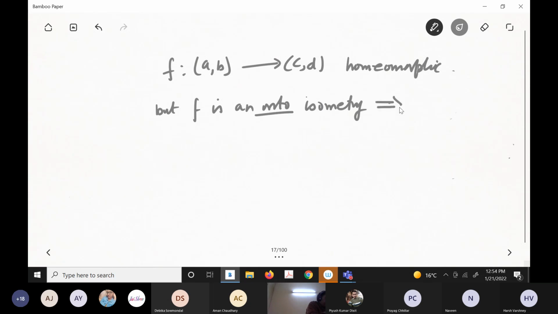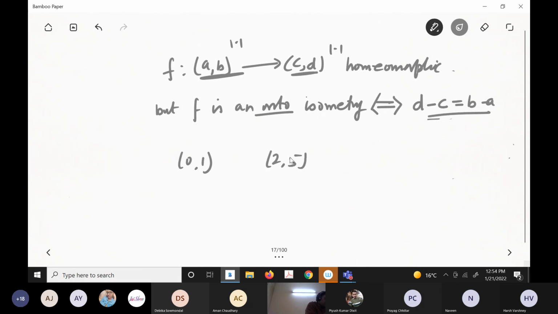if and only if the lengths are the same. Here you are taking the usual distance metric. Unless the lengths are the same, it is not an isometry; for homeomorphism we do not need the lengths to be the same. Like (0,1) and (2,5) are homeomorphic.